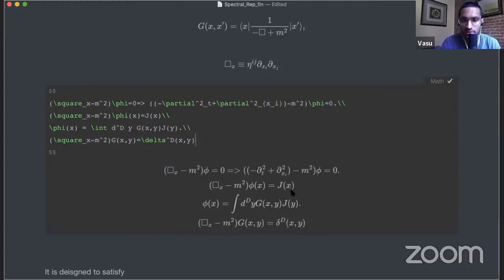I integrate with the delta function, I recover the source J. Right. So this is a sort of basic intro to what it means to be a Green's function. It's what lets you solve the inhomogeneous wave equation.